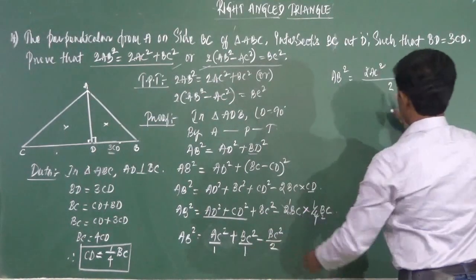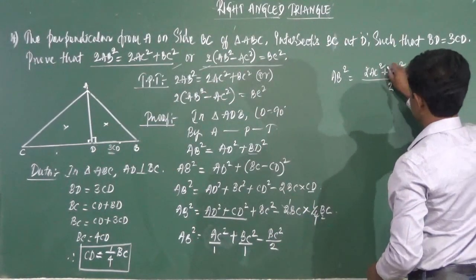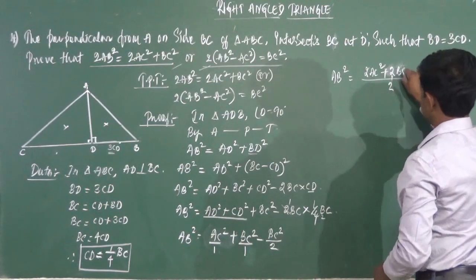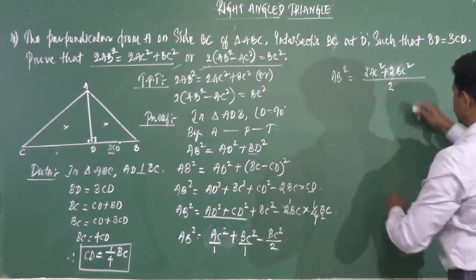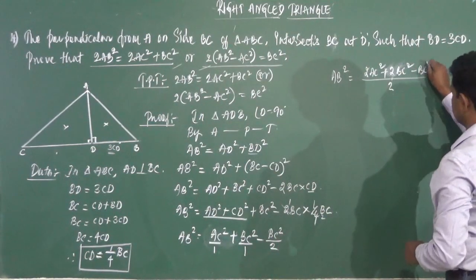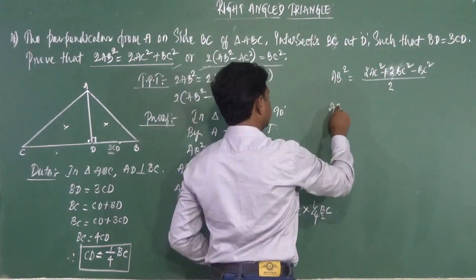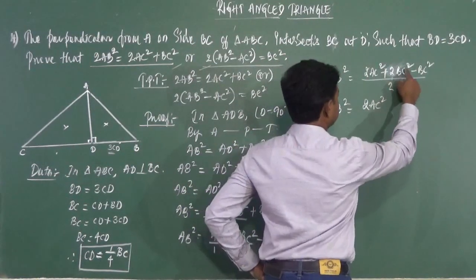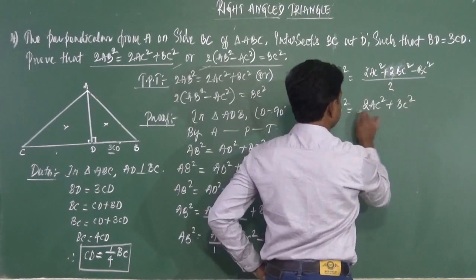BC square by 1 into 2 is plus 2 BC square, right, and then minus BC square by 2 into 2 is minus BC square itself. So AB square is equal to 2 AC square plus 2 BC square minus 1 BC square, that is plus 1 BC square by 2.